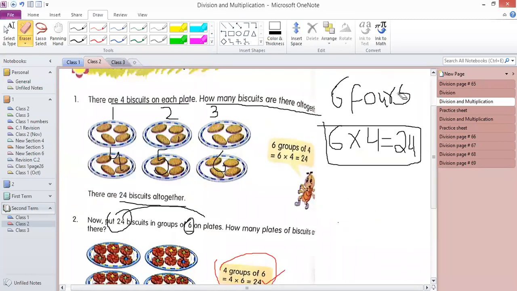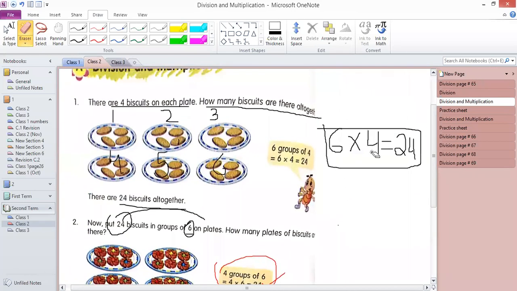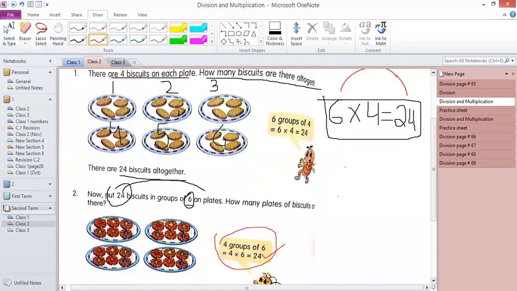There are 6 groups of 4s, right? So there are a total of 24 biscuits. If you want to write a division sentence from it, how can you write it? You can write 24 because there are a total of 24 biscuits. So obviously you will write 24 first.